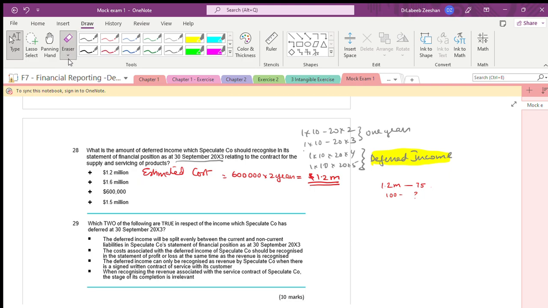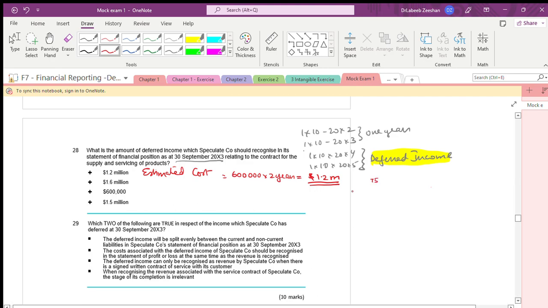It's not like that. If 75% cost is equal to 1.2 million, 100% of income is equal to question mark. 100 divided by 75 into 1.2.